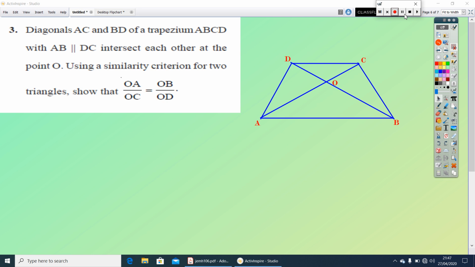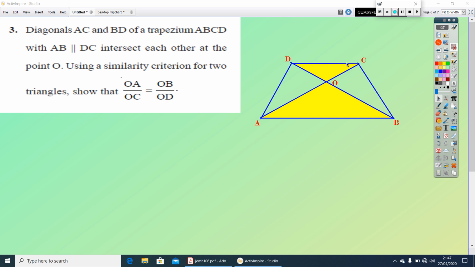If two triangles are similar, then the ratio of the corresponding sides you can take as equal. Here you have to prove these two triangles are similar. Now you can say minimum two angles. AB parallel to DC is given in the question.